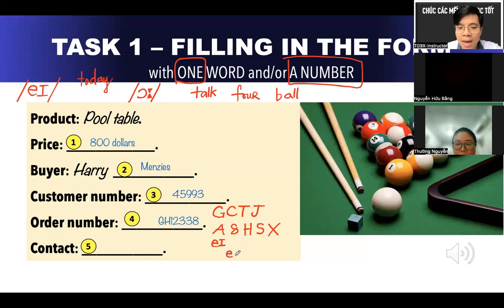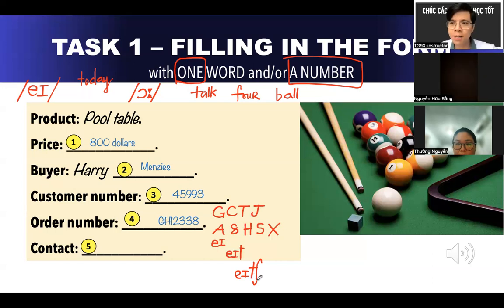And this is A. And this is A. A, yeah, not H. Then A, 8, H. It's the same in the vowels, right? And British people say "H," and that is a big challenge for IELTS learners. H. Okay. Very good. And this is S. And this is X. So if you missed that, you can listen again at home.